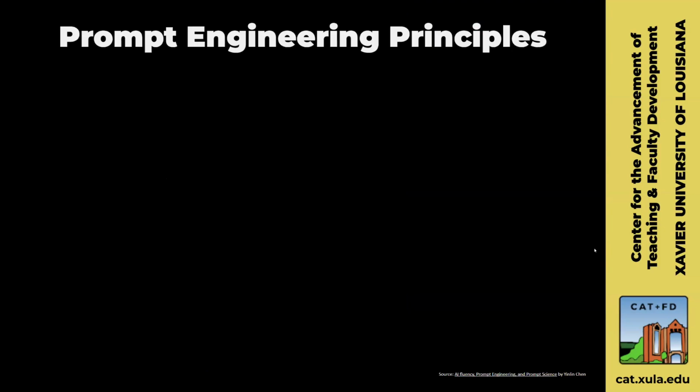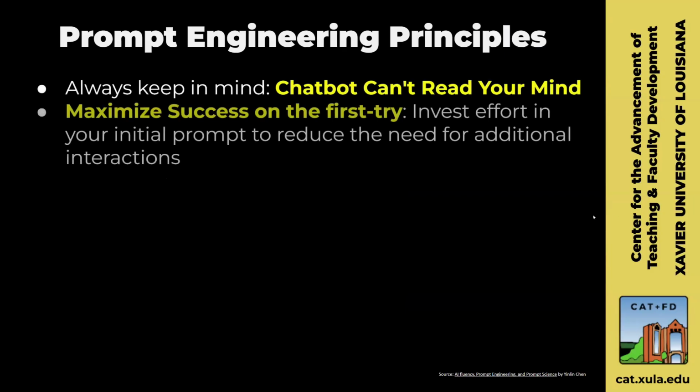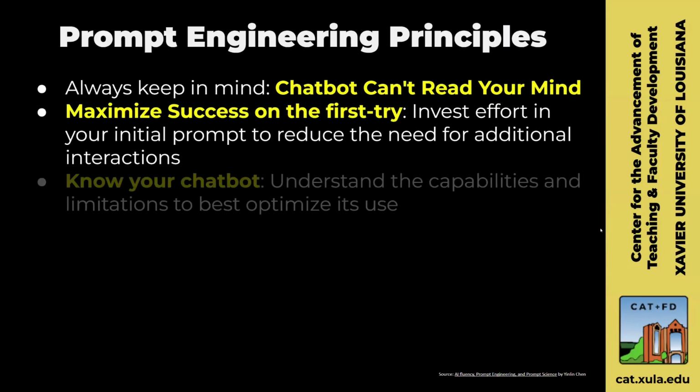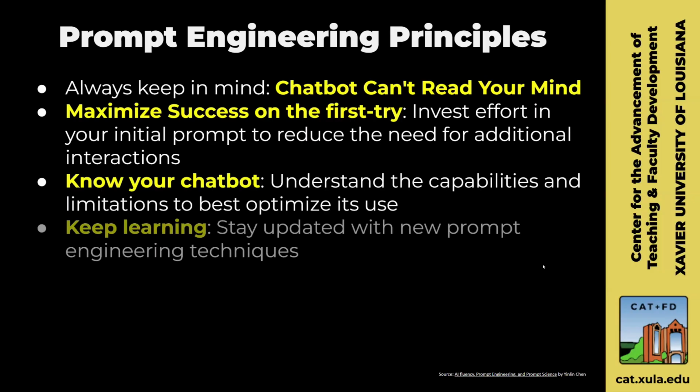And some principles for prompting. The chatbot cannot read your mind. Put some effort in your initial prompt, and that's going to reduce the need for additional interactions. Understand the capabilities and limitations of your chatbot so you can optimize its use.